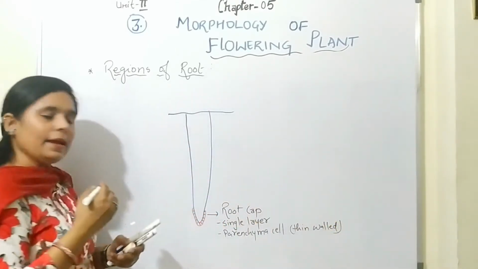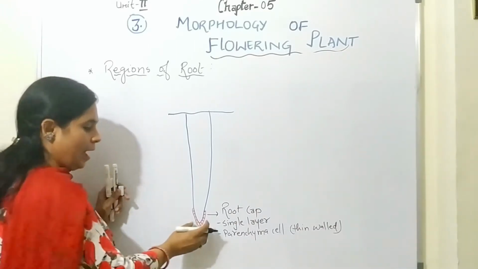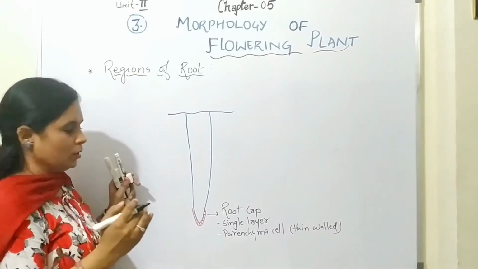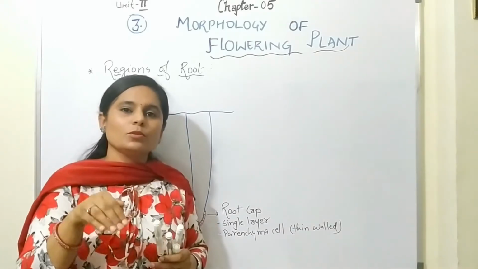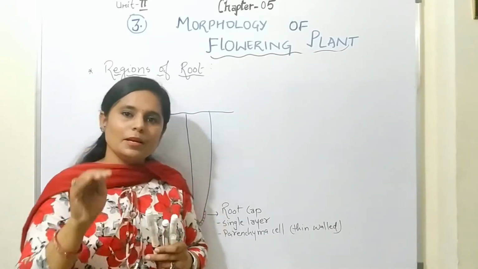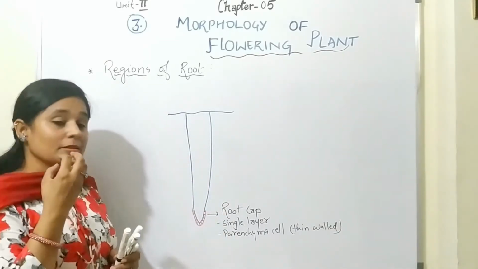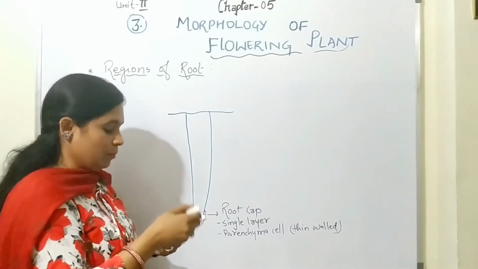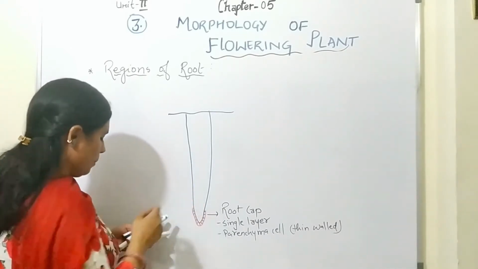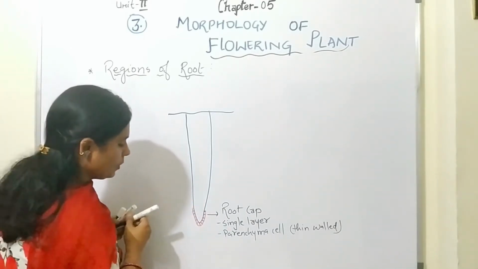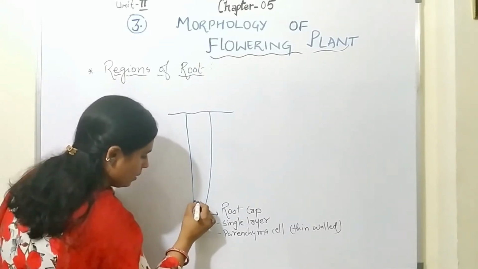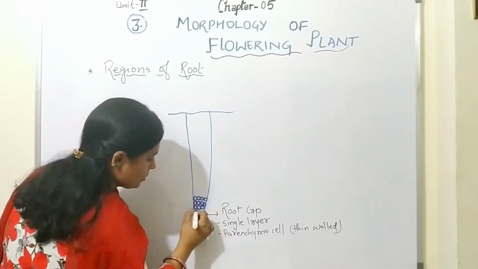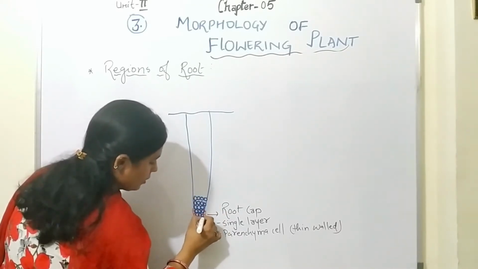Fine. Now, why is the root cap present at the apex or the terminal region of the root? The purpose is, when it grows and goes deeper into the soil, there can be harm to the region of the roots. Before that, let me tell you, just above the root cap, you will see a region of meristematic tissue.